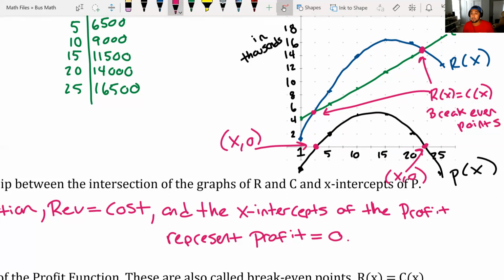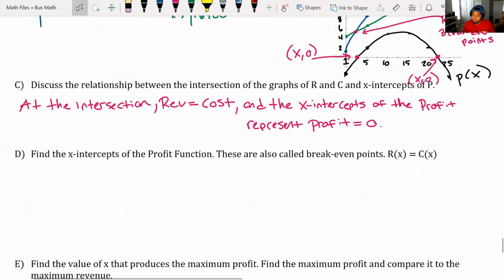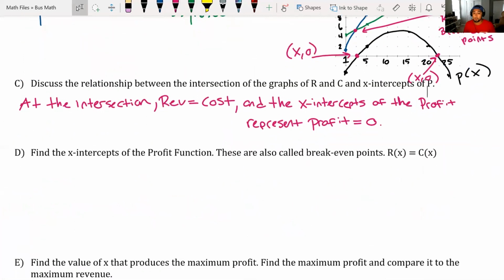The reason I put x is because we don't exactly know what those points are. Okay, good. Can we find out what those points are? We definitely could, which I think is the next one. So, find the x-intercepts of the profit function. These are also called break-even points. You see, everything we said above, because revenue is equal to cost.